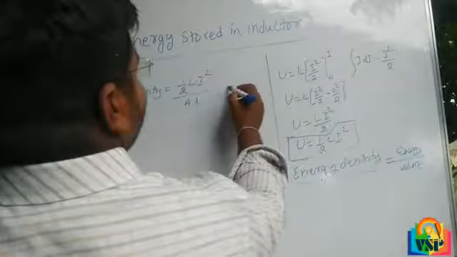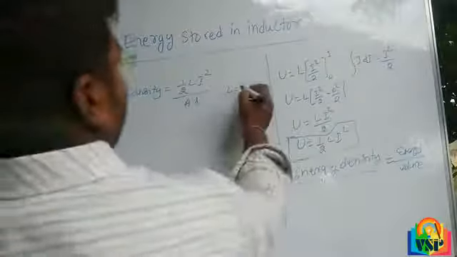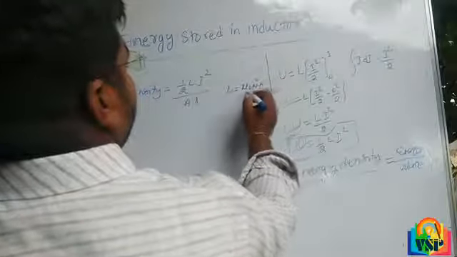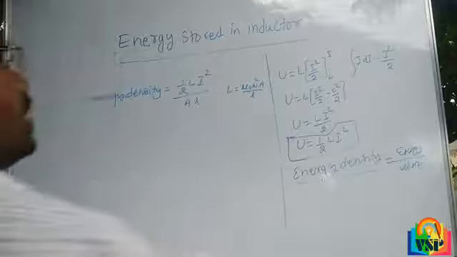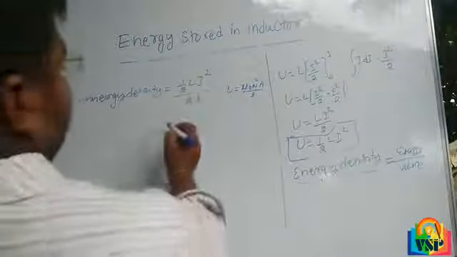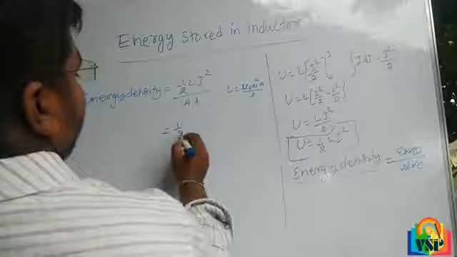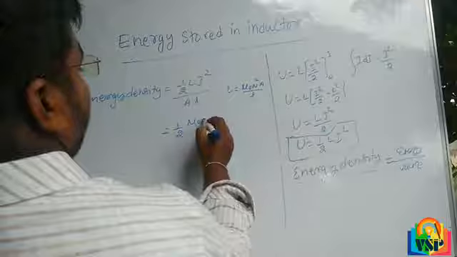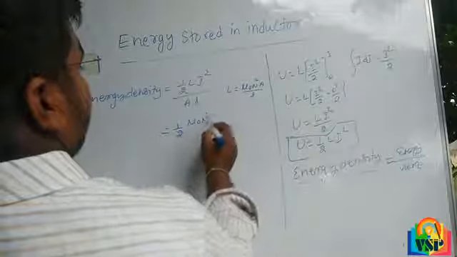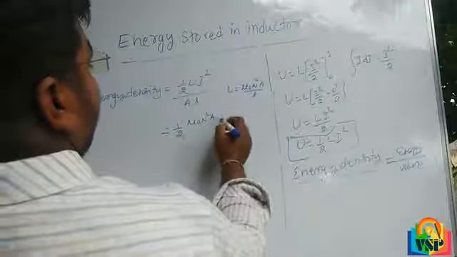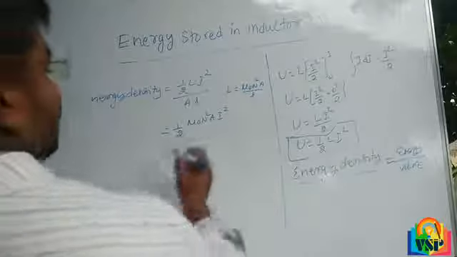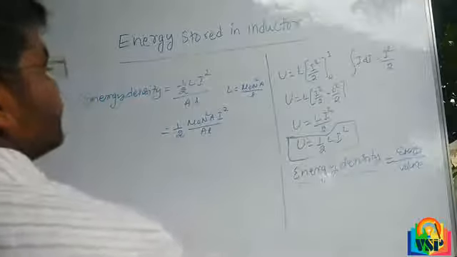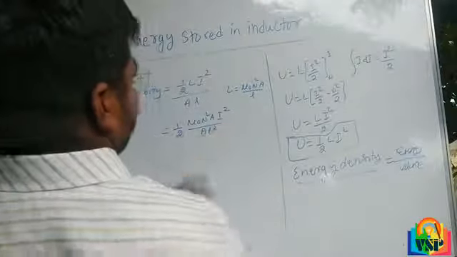Understand? So here, what is L? L is equal to mu naught N square A by l. We can substitute here: 1 by 2 mu naught N square A I square divided by A l into l square.